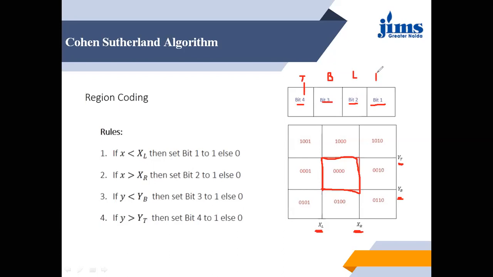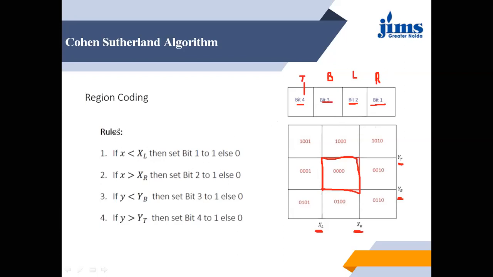It is not necessary to take the sequence as top, below, left, and right. We can change the sequence, but whatever sequence we follow in one region should be followed in every other region too.